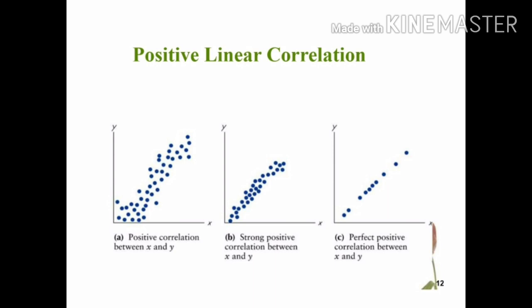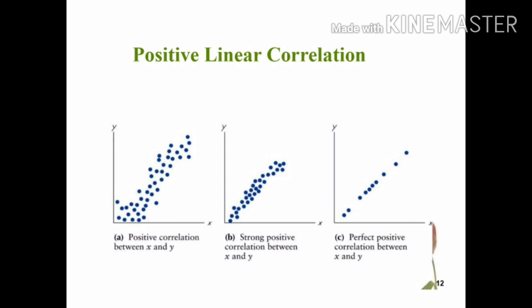Depending on how tightly the points cluster together, we can find a clear movement of data. The closer the data points come to forming a straight line when plotted, the higher the correlation between two variables, or the two variables show a perfect relationship.